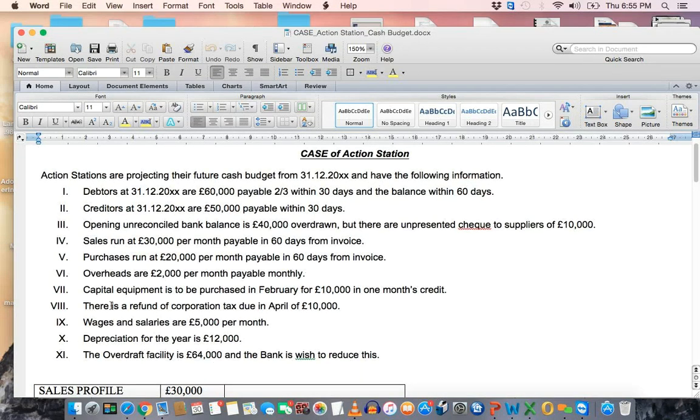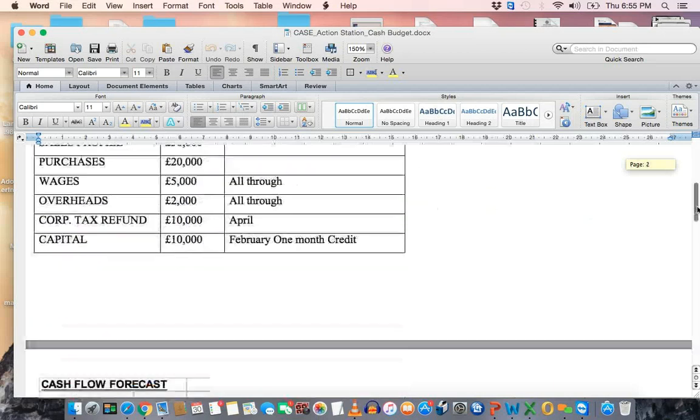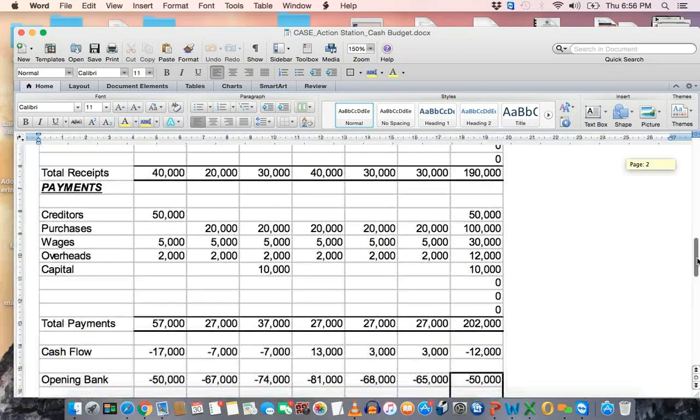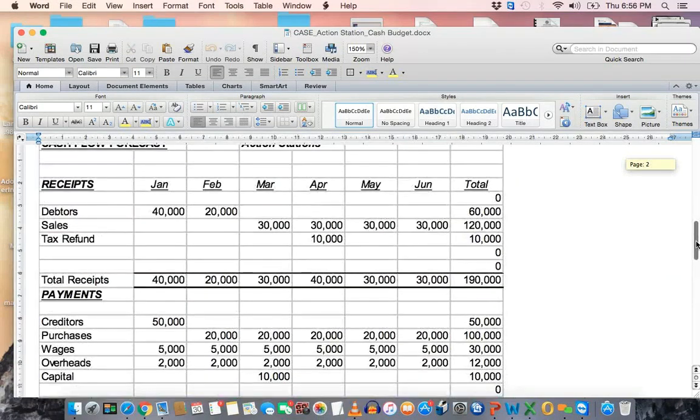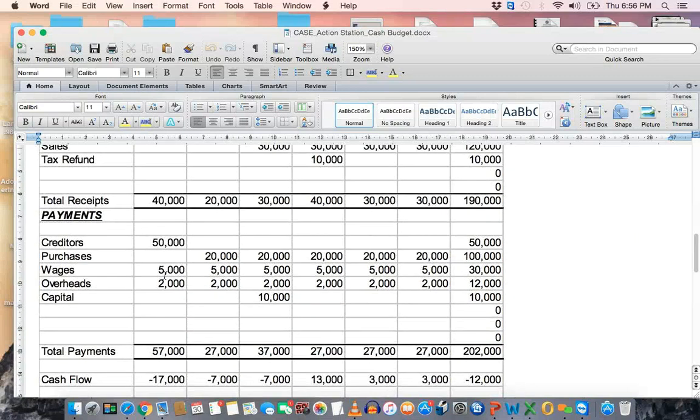There is a capital 10,000. Capital equipment is to be purchased in February for 10,000 on 1 month's credit. So it will go on the 1 month credit, because the capital has been purchased in February on 1 month credit, the payment will go in March. So these are our payments.